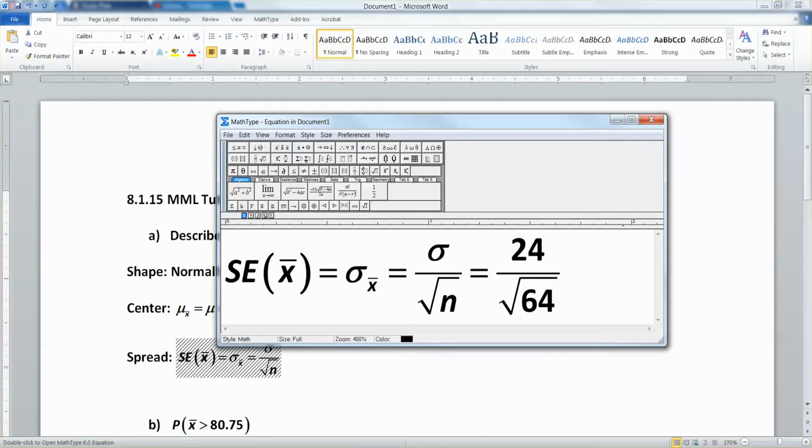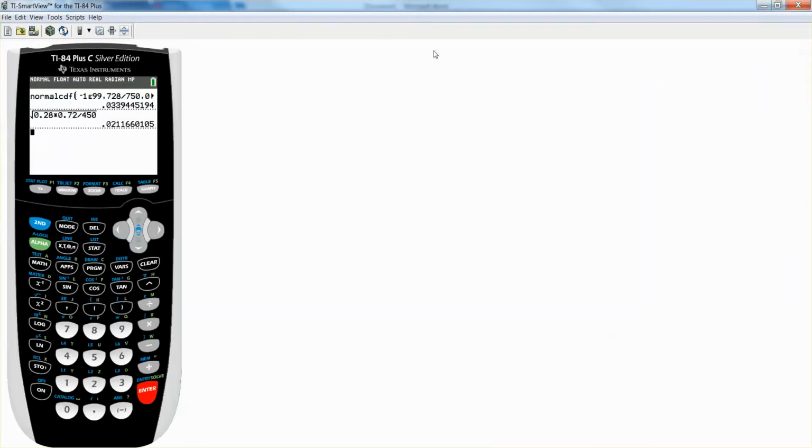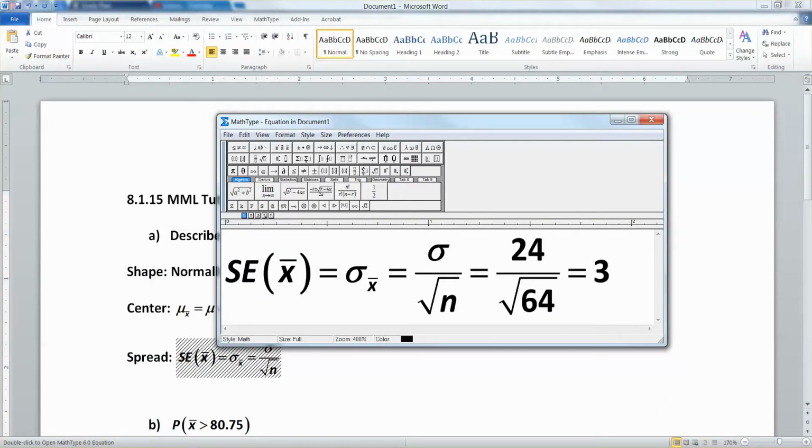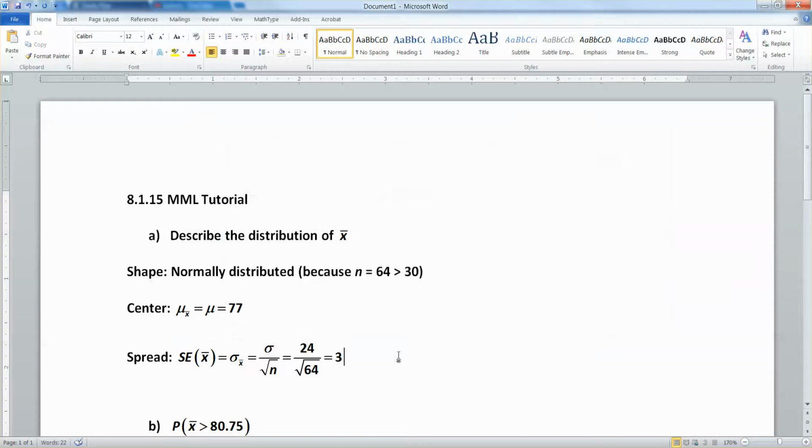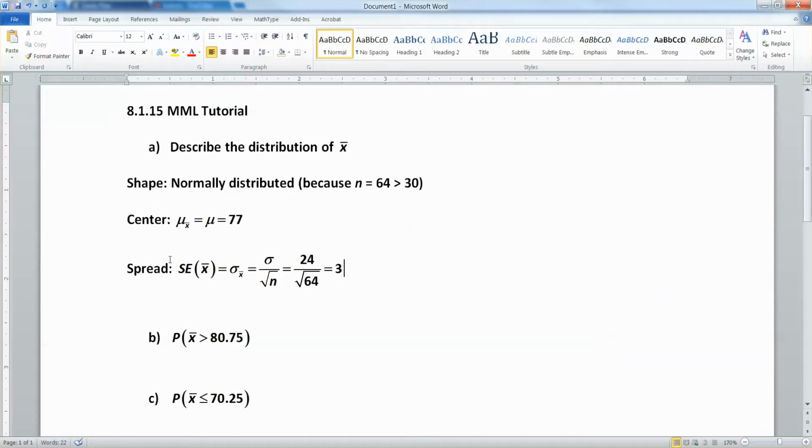So that's 24 over the square root of 64. I could use my calculator, or I could do that one in my head. There we go. So 24 divided by the square root of 64. And you get 3, because the square root of 64 is 8, and 24 divided by 8 is 3. So this is 3 here.